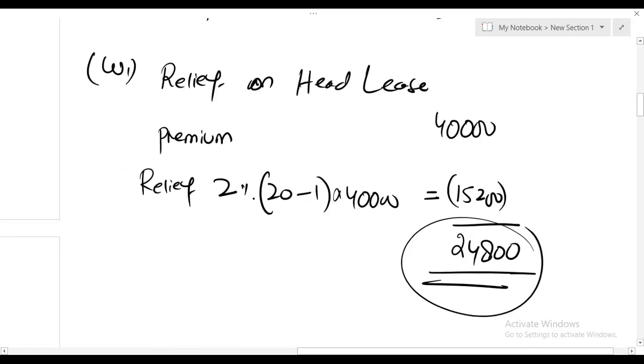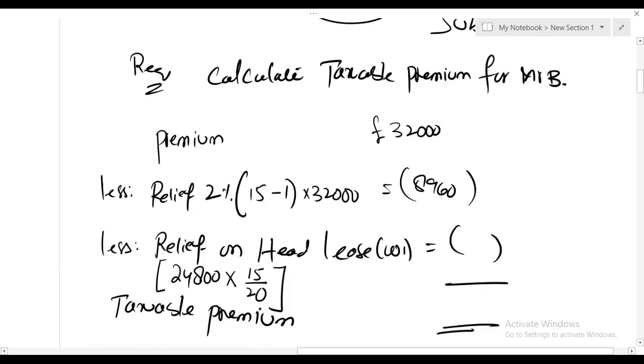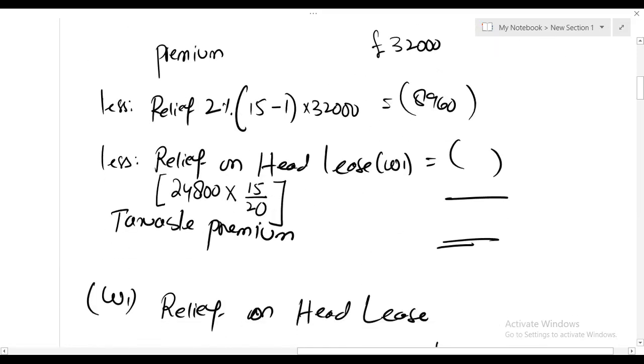Let me show you the working again. First, write the premium in the head lease, 40,000. Then deduct the relief from that head lease, which is 15,200. You get 24,800. After that, write 24,800, multiply it by the time period of the sublease, and divide it by the time period of the head lease. So you will get the relief on head lease.